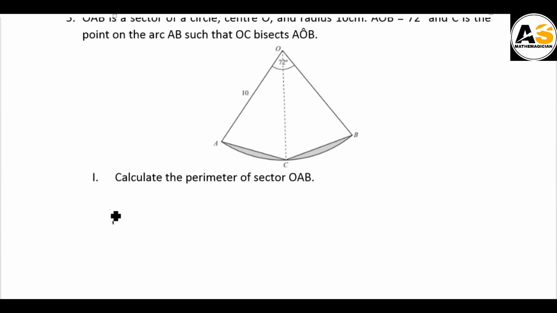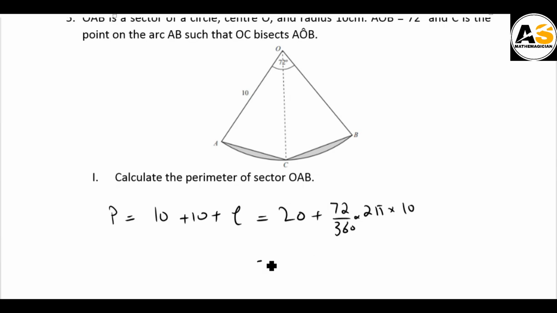Perimeter will be this length 10 plus this length 10 plus arc length, which will be 20 plus, what is formula for arc length? This central angle over 360 into 2 pi r, r is 10.